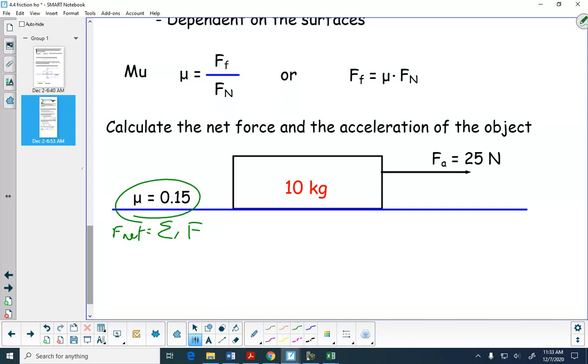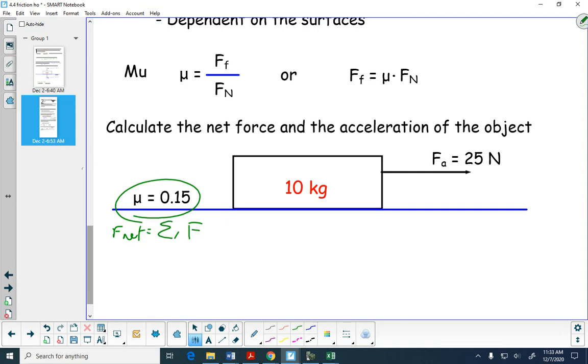If the object is being pulled to the right, the object has motion in this direction. If my motion is to the right, which direction will the force of friction be? Dylan, which direction will the force of friction go?